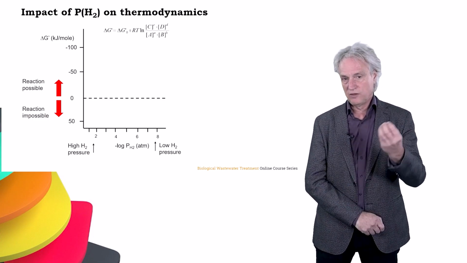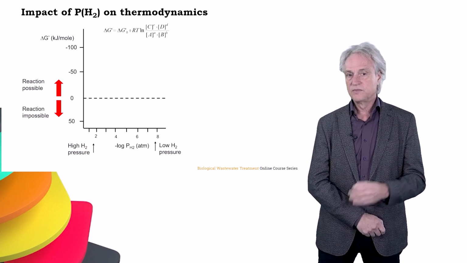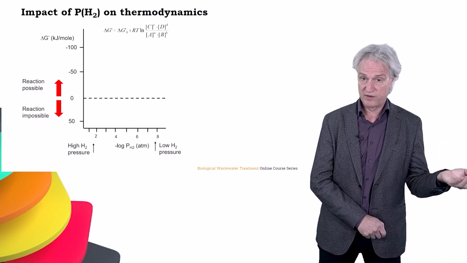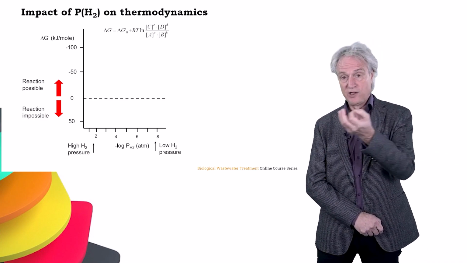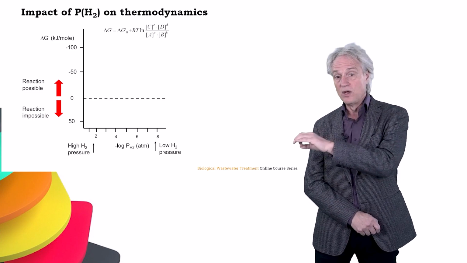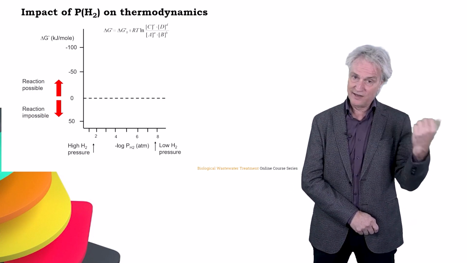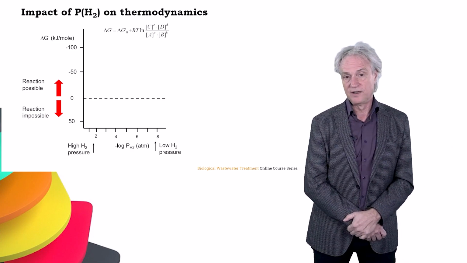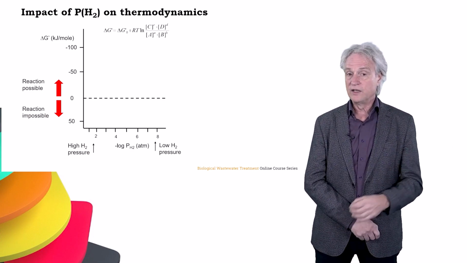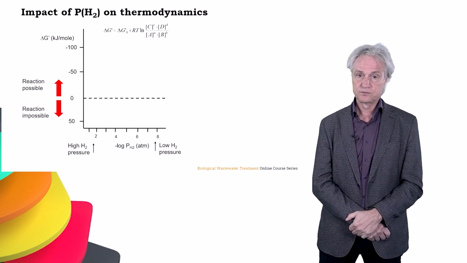That means if we have a value of 2 for minus log pH2, that means a very high pressure. If the value is 8, 10 to the power minus 8, it's a very low pressure. So in this graph, at the left-hand side of the axis is a very high pressure, and at the right-hand side is a very low pressure.